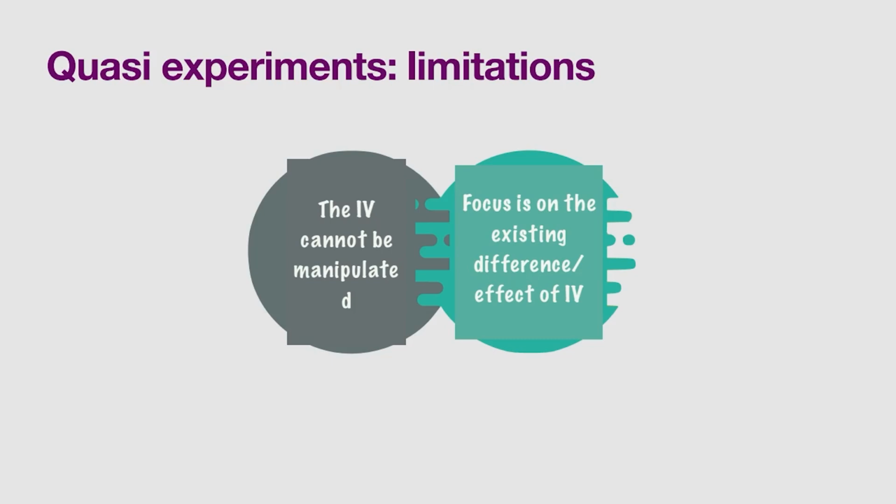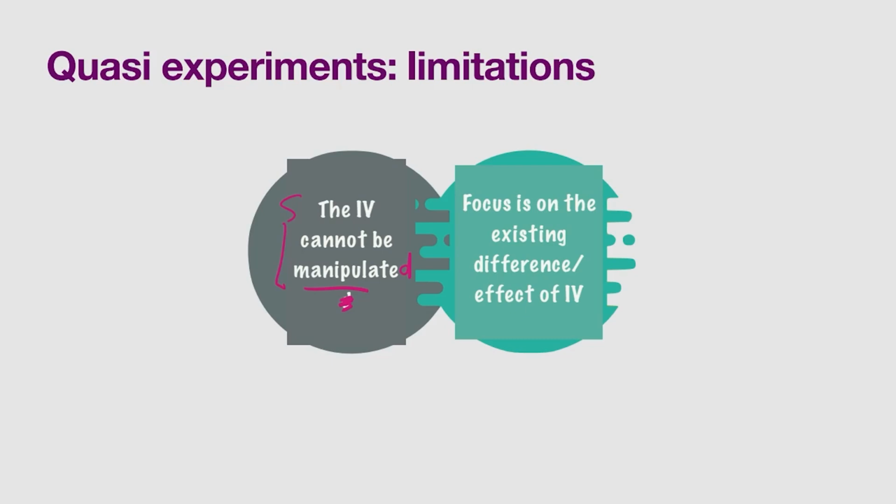It's interesting because the advantage of a natural experiment is also a limitation, because the fact that the IV is naturally occurring and cannot be interfered with by the experimenter also means that the experimenter cannot manipulate the IV in any way to see how a different level of IV might impact the dependent variable.